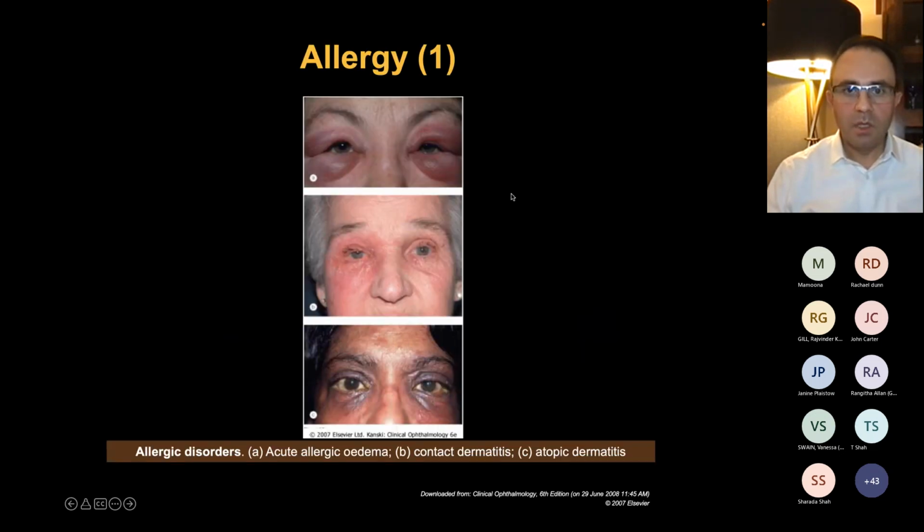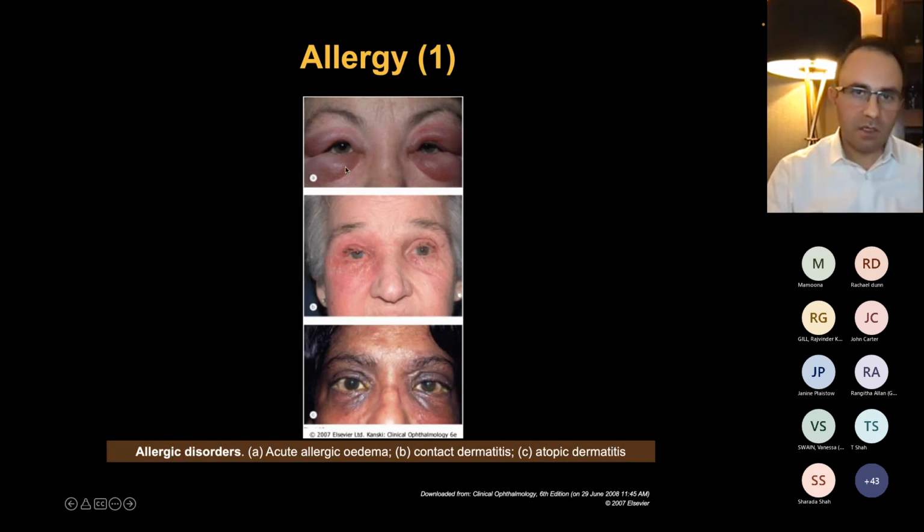The allergic conjunctivitis, again, I just wanted to show you this slide to see the difference between the types of eyelid reaction. So for example, this case, she had an allergic reaction to something. And the reason why I'm saying this is allergic compared with the other one, the eyes are white, as you can tell.